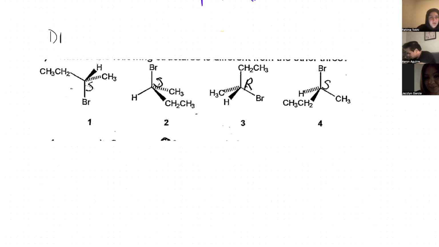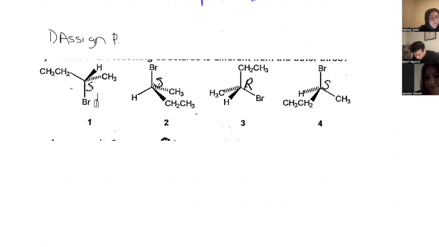So you have to assign priority. Yeah, I think that part's not too bad. I'll give you an example then, of some tricky ones. Okay, for the first one, my highest priority is gonna be bromine, because that's what it says on the periodic table.